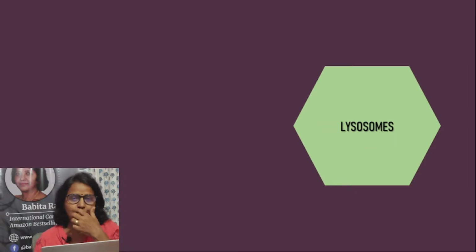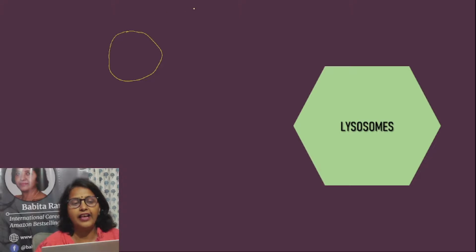Lysosomes. Lysosomes are spherical structures present inside a cell, and they are formed from Golgi bodies. If you remember, this is a Golgian vacuole, and that got converted when hydrolytic enzymes entered inside it.